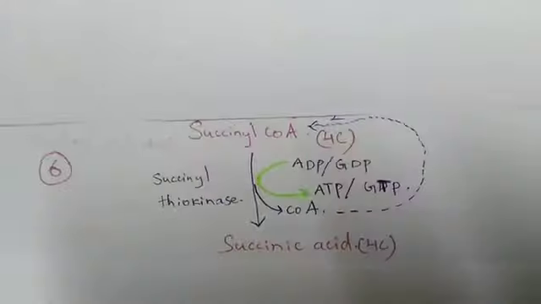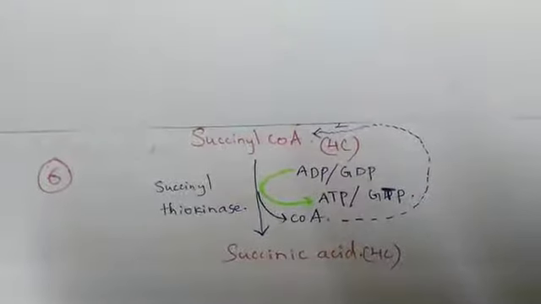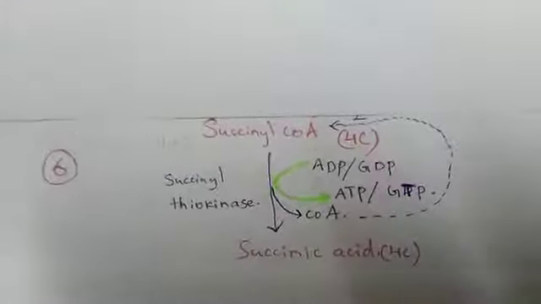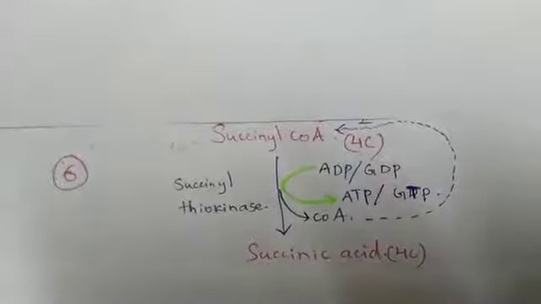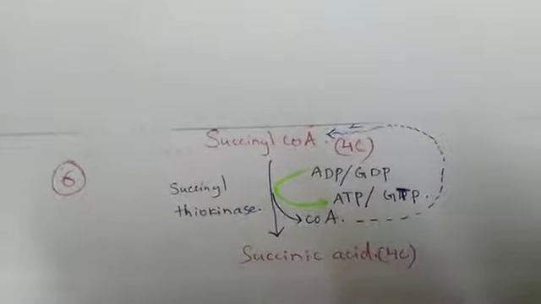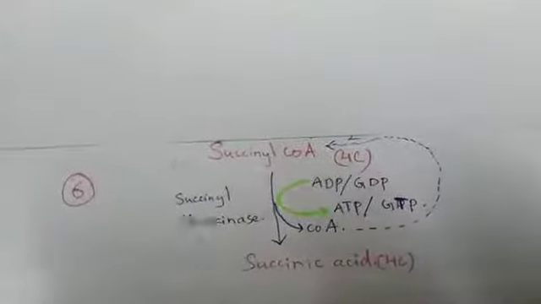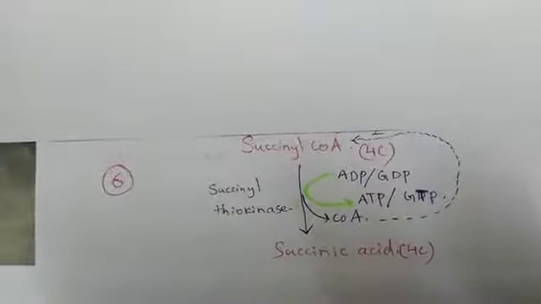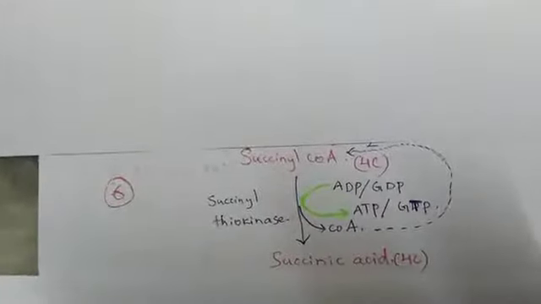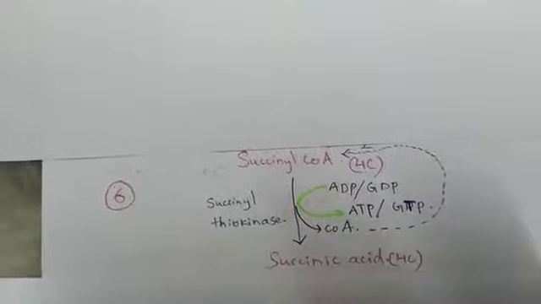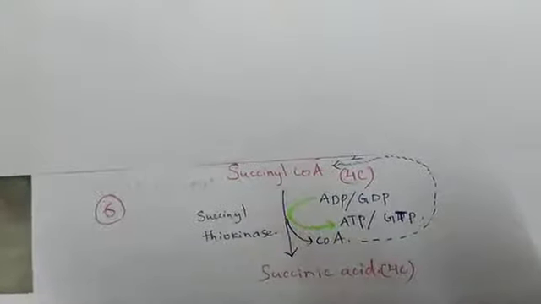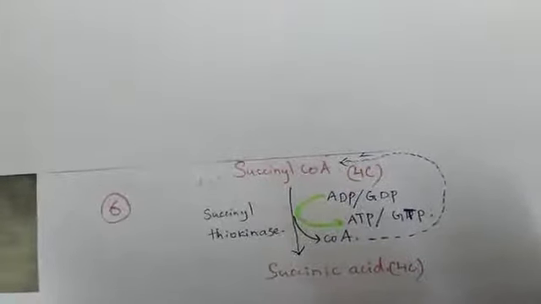The sixth reaction of the Krebs cycle is cleavage, that is the succinyl coenzyme A complex is split into succinic acid and coenzyme A by breaking the bond between coenzyme A and succinic acid, and hence energy is released in this step.